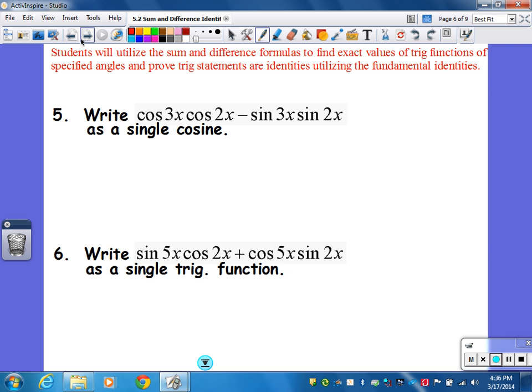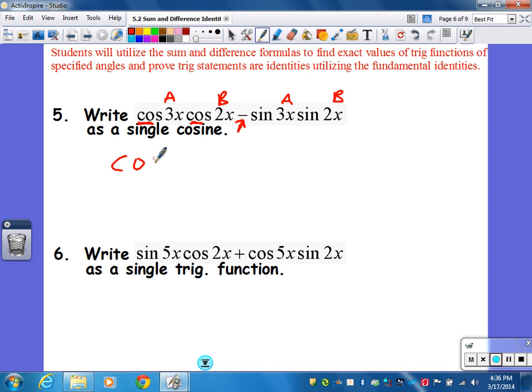Let's go to the next one. Okay, we need to write cosine 3x times cosine 2x minus sine 3x times sine 2x as a single cosine. Well, here we're already given the identity. We just have to identify the A and the B. Here's the A and the B. We know it's going to be cosine because we start out with 2 cosines.